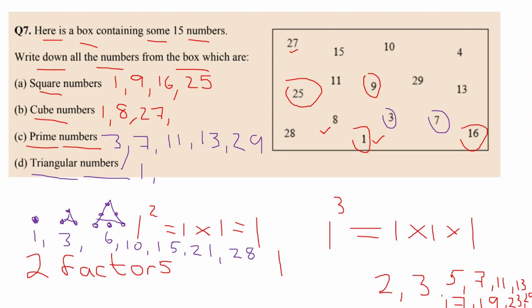If you're wondering what the nth term would be, it's a half n, brackets n plus 1, I believe. Prove that for yourself if you want, as a little challenge, but that's how you make these triangular numbers.